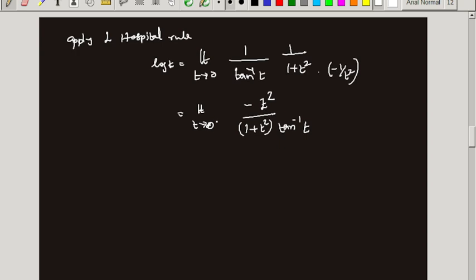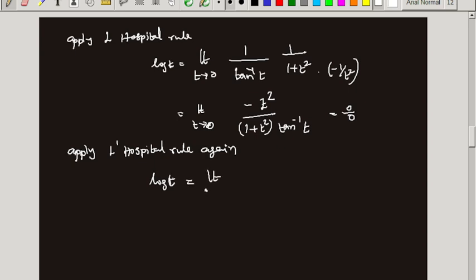So here if we apply 0, we get 0 by 0, since tan inverse of 0 is 0. Now apply L'Hospital rule once again. So log k equal to limit t tends to 0. So here we get minus 2t, differentiation of t square. Here we must apply the product rule. 1 plus t square, we write as it is.